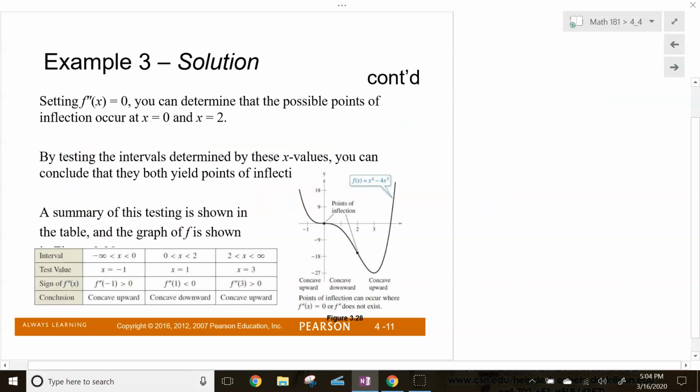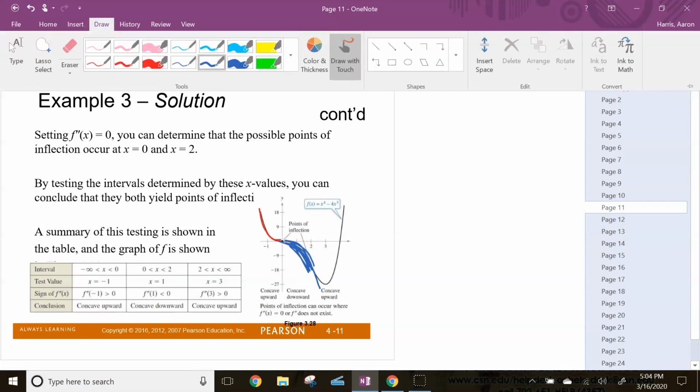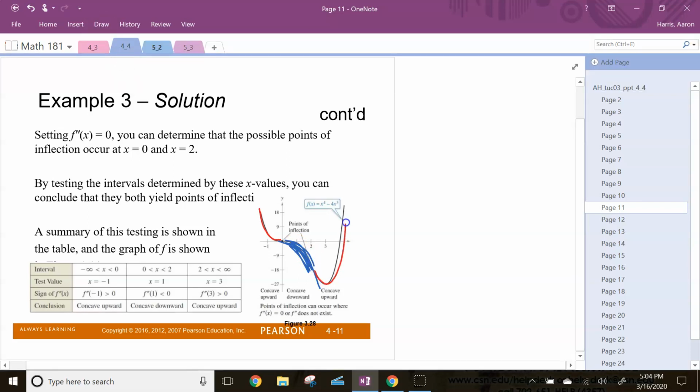So let's look at the graph here. We're concave up, then we switch. I kind of like my blue. We switch concavity. We're concave down. Oops, I went too far. And then we switch again to concave up.